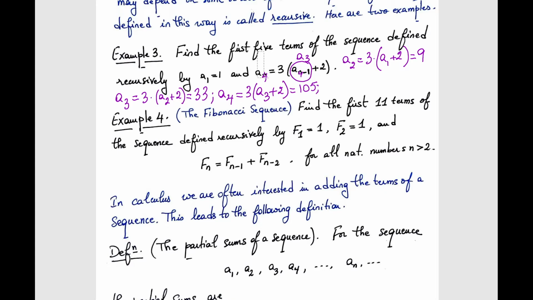And the last term now, this is when n is 5 this time. When n is 5, this is going to be 3 times the quantity a4 plus 2, right? And what's a4? It's 105. So that's going to be 3 times 105 plus 2. All right, so you find this.